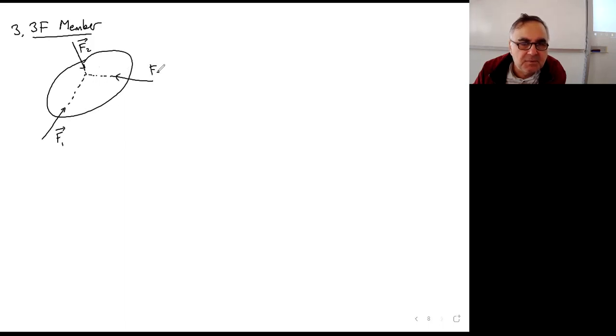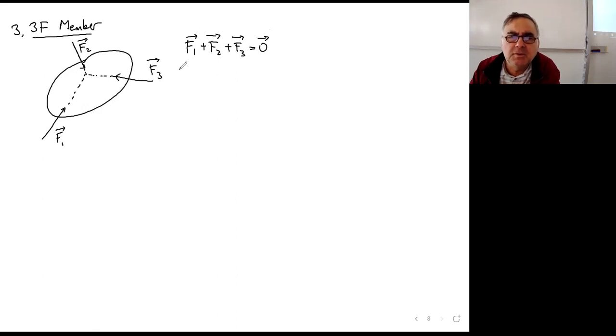Let's say this is F2. So you should have F1 plus F2 plus F3 equal to the 0 vector.